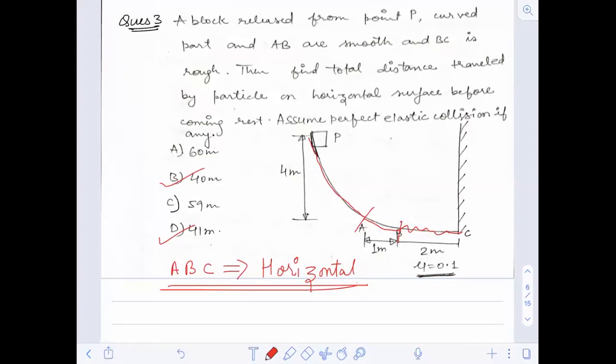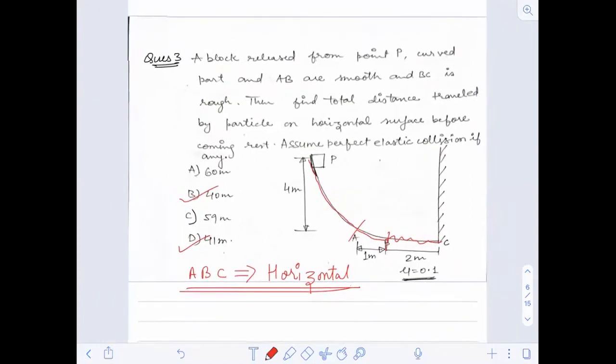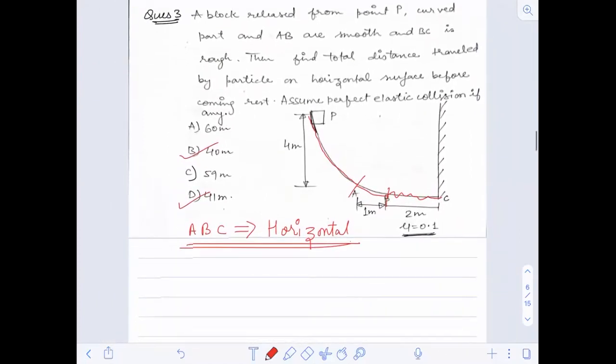Anyone else with 40 and 41? Okay, I got two answers. One is D, one is B. 40 and 41. Okay, let's see.